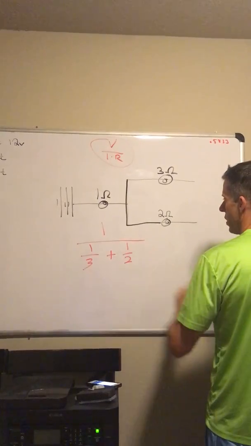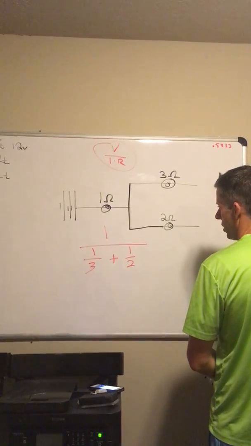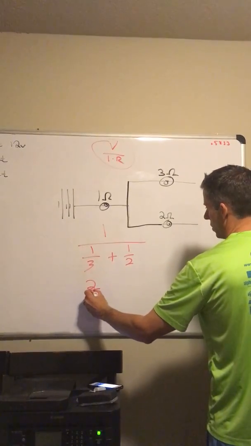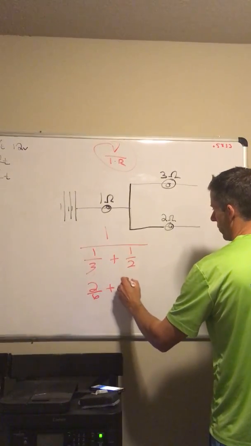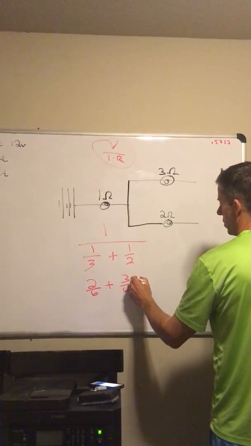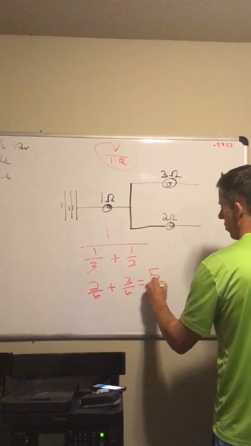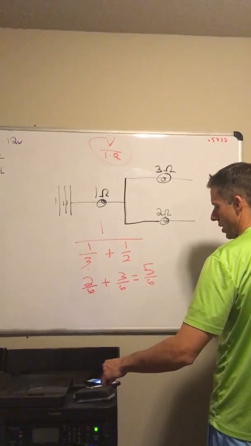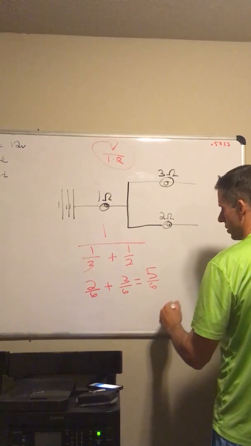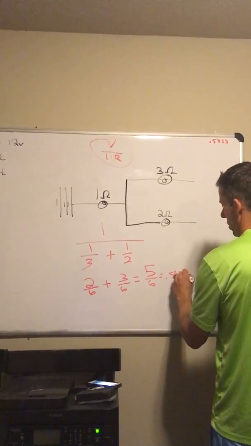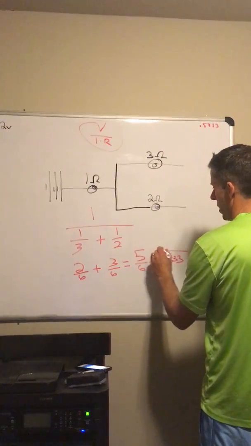In order to add this fraction, I need to find a common denominator. And so this would represent 2/6 plus 3/6, which would equate to 5 over 6. And as I figure that out, 5 divided by 6 equals 0.8333 to the fourth spot.